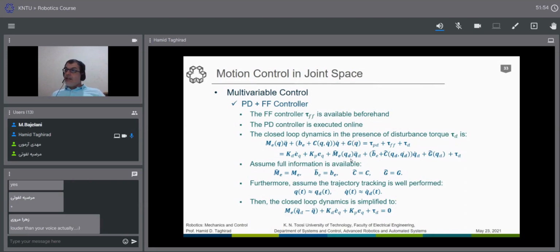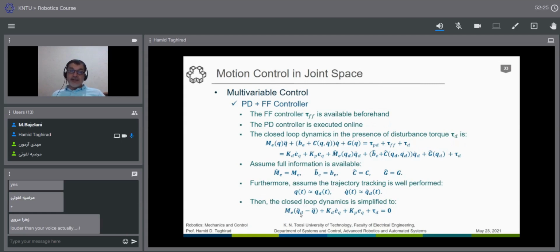Now we can do that, as you see here. If M E is equal to M hat is equal to M, and Q D is equal to this, these two terms will cancel out, and the same for this one and this one, and tau d will remain. The remaining part would be M E. Here we have Q double dot D minus Q dot.